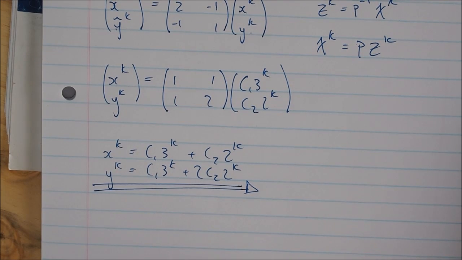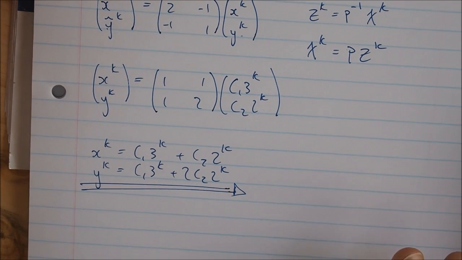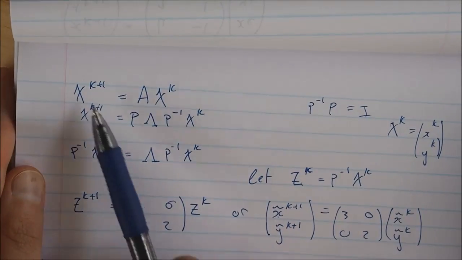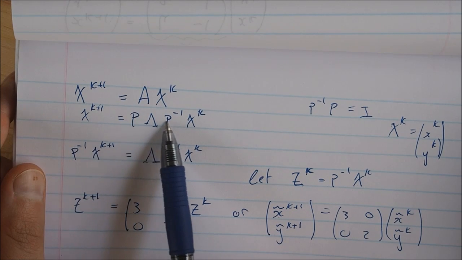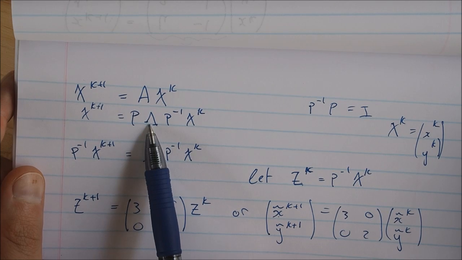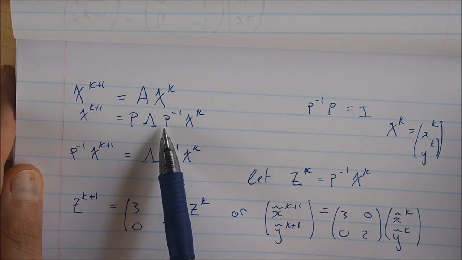I know it's a bit tedious, but it's all in the notes, and it's all in the note solutions. And hopefully you can work through it slowly, and this makes sense. So essentially all we've done is taken our matrix form here, xk equals A xk. We've written it in this decomposed form, right? So P is the eigenvector matrix, lambda is the eigenvalues, and P inverse is the inverse matrix to be calculated. Okay.